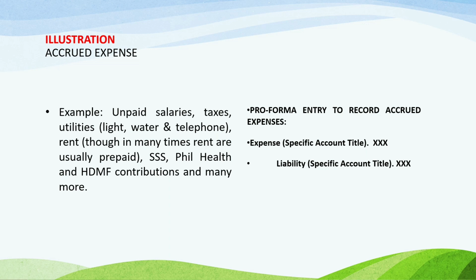For light and water, debit light and water expense, credit light and water payable. Or we have utilities for light, water, and telephone: debit utilities expense, credit utilities payable. For SSS, PhilHealth, and HDMF, debit the salaries expense because these are deducted actually from the salaries of the employees, and then credit SSS, PhilHealth, and HDMF payable.